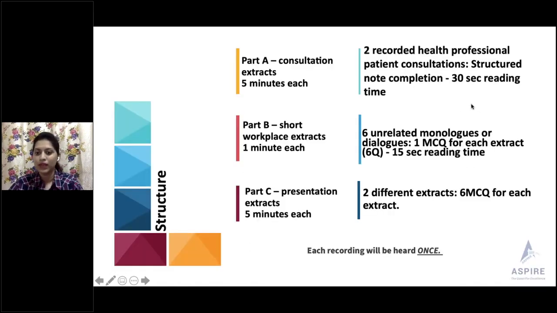Part B will have short workplace extracts. They'll be about a minute long, and it will consist of 6 unrelated monologues or dialogues and one MCQ for each extract. So you'll hear a clip, and then you'll have one question with, say, a 3-choice or a 4-choice MCQ under the question. For part B, you will have 15 seconds of reading time for each question.